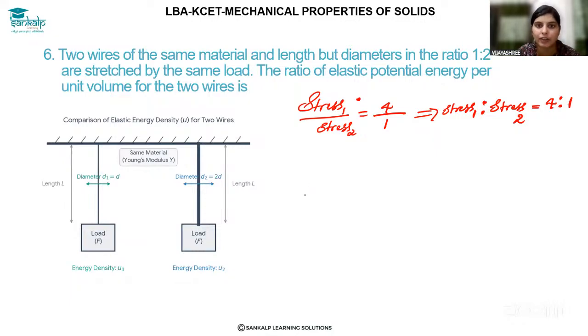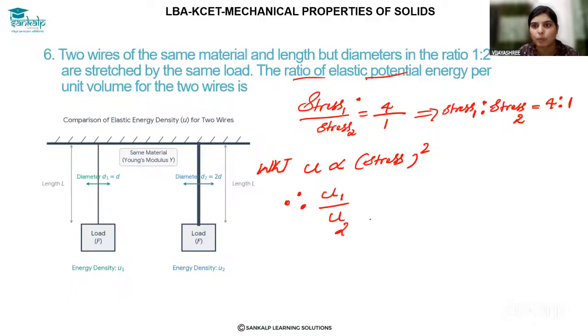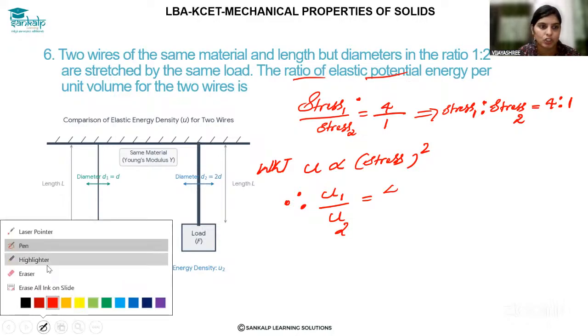So what we are given, U, that is elastic potential energy per unit volume, is directly proportional to stress square from equation number 1. Recall equation number 1. So we know that U is directly proportional to stress square. Therefore, U1 is to U2 is equal to stress 1 square divided by stress 2 square.